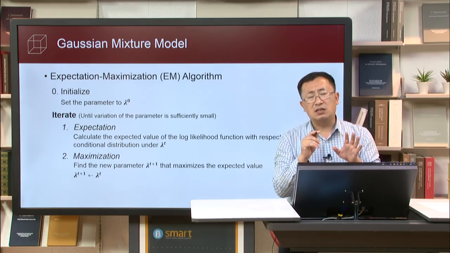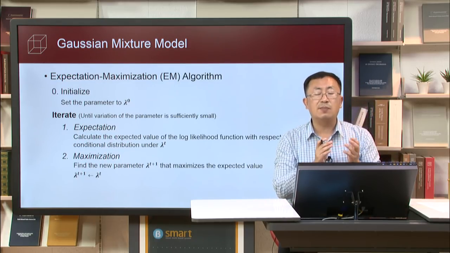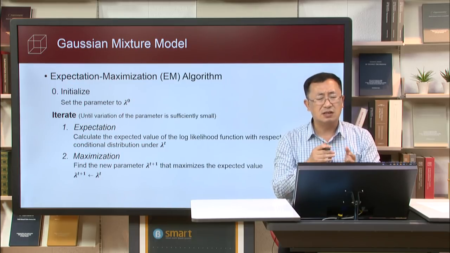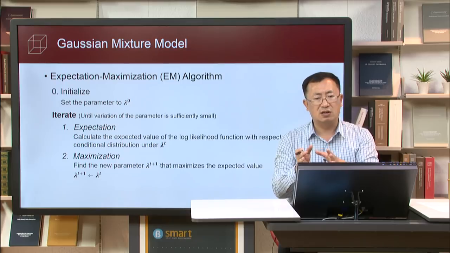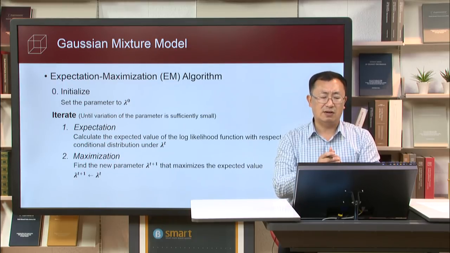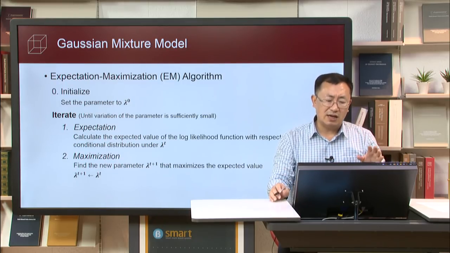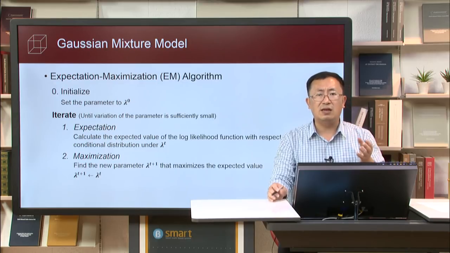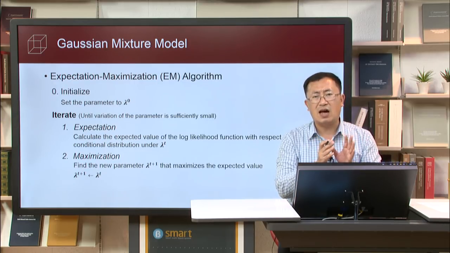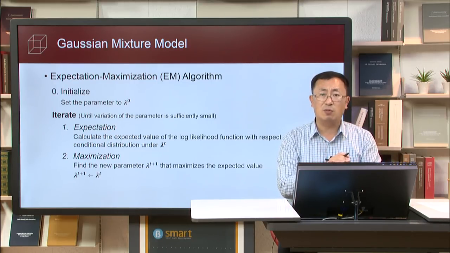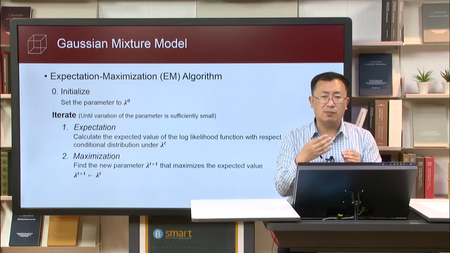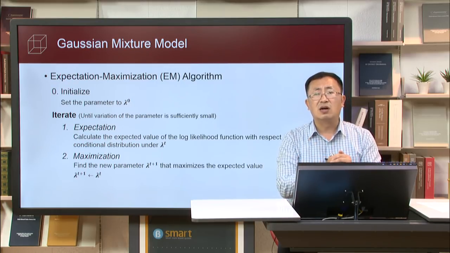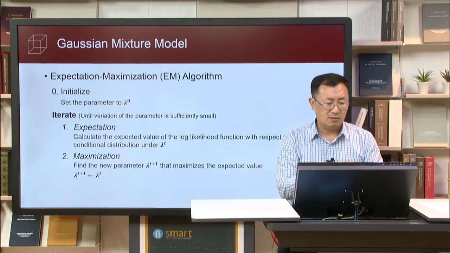I don't want to explain the details of the expectation maximization algorithm because it is somehow difficult, and I don't think it's good to look at the details. So in this slide, I just briefly give you the underlying idea about how the expectation maximization algorithm works to find the parameters for the mixture of the Gaussian, right?